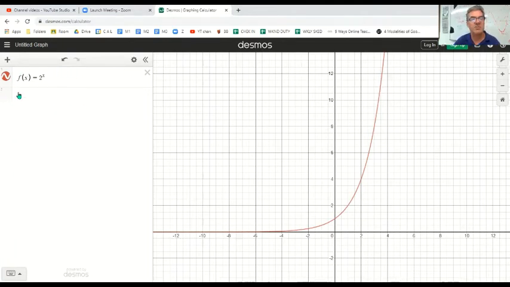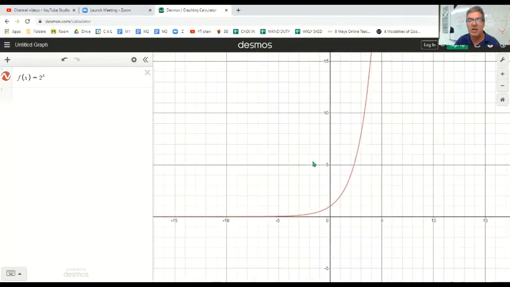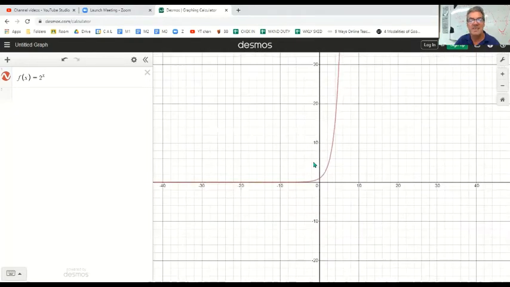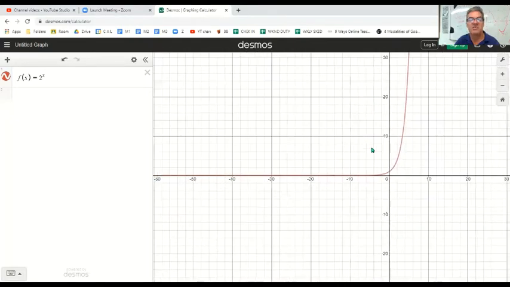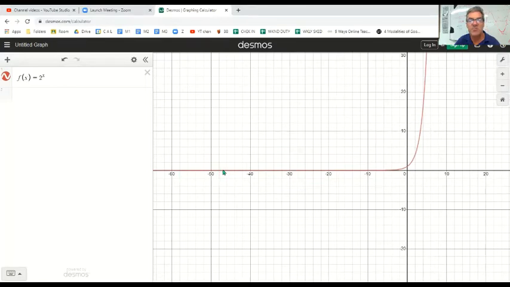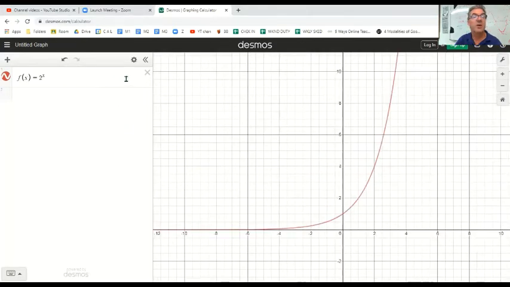This is f of x equals 2 to the x. And you can see this looks fairly similar to the graph we had on the board not too long ago. And if you dig in and look at the points on this curve, they're the same points that we graphed by hand. I'm going to zoom out real quick and notice that it never crosses the x-axis. It's still just above.